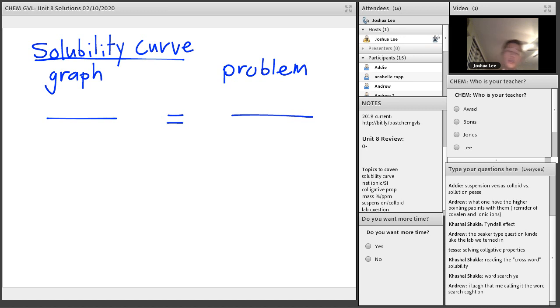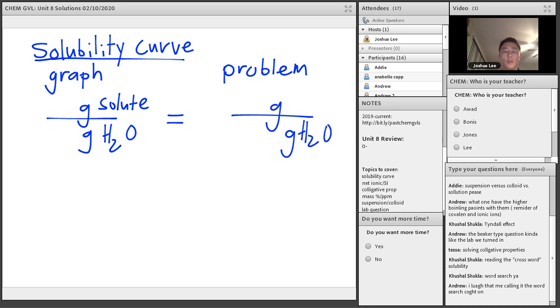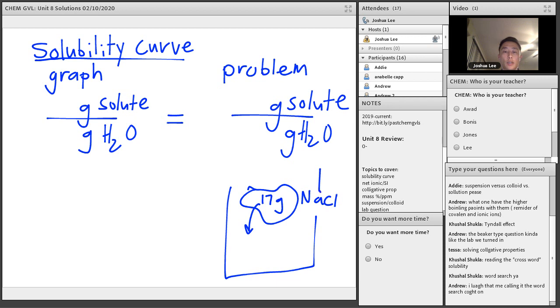So the two different proportions are going to be exactly the same. One of them is going to be grams of solute, and then grams of solvent. But in this case, usually it's mostly water. So grams H2O, grams solute. Typically these problems will go something like this, where you have 17 grams of some solute, let's say NaCl, and you want to know how much water you have to put into a beaker so that all 17 grams dissolve.